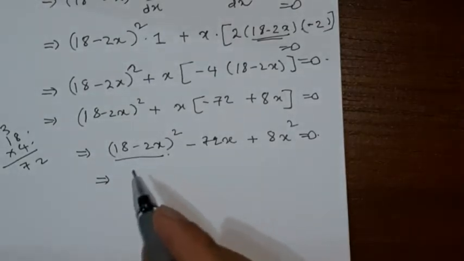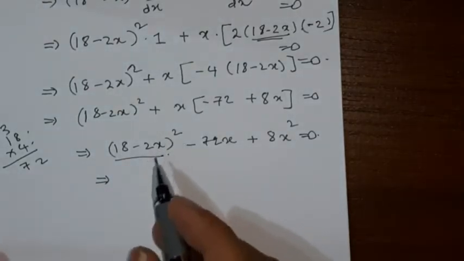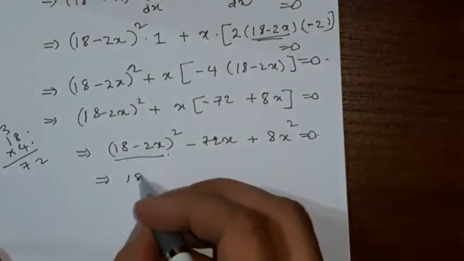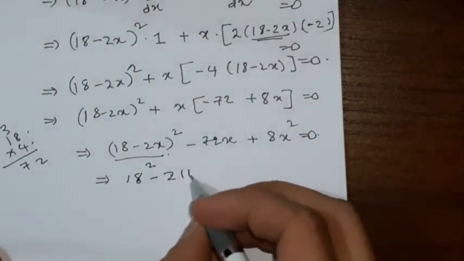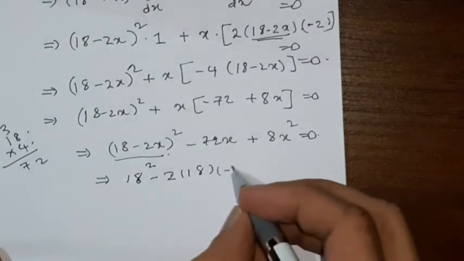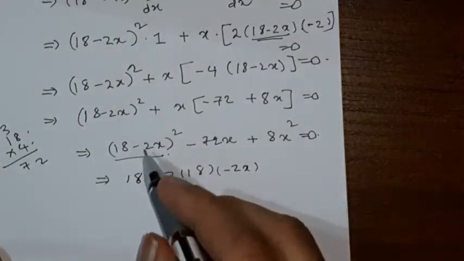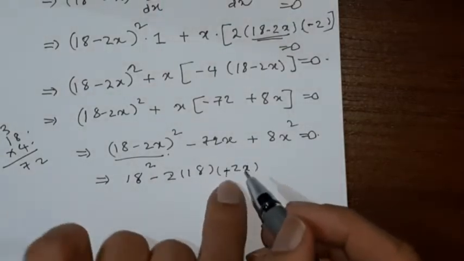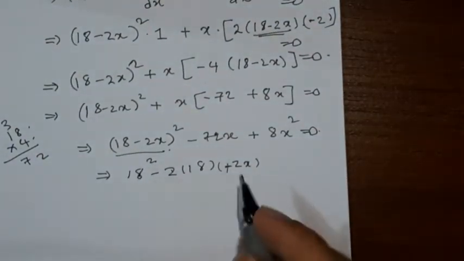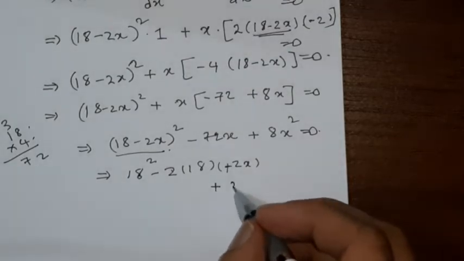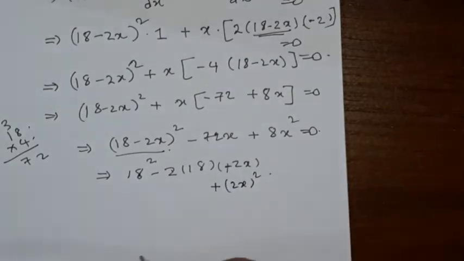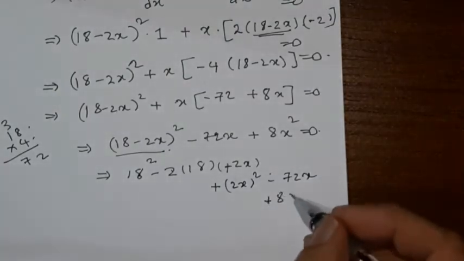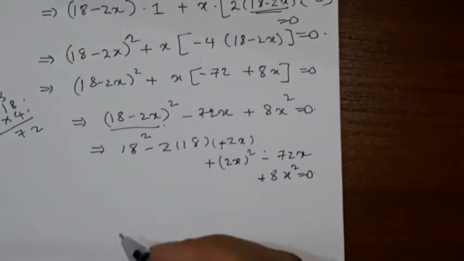Now we have this bracket square here, so we can expand it by using the formula (a minus b) the whole square. So that is 18 square minus 2 times a, that is 18, multiplied by b, that is minus, not minus, plus, because the minus is already taken here, plus (2x) the whole square. Then minus 72x and plus 8x square equal to 0.